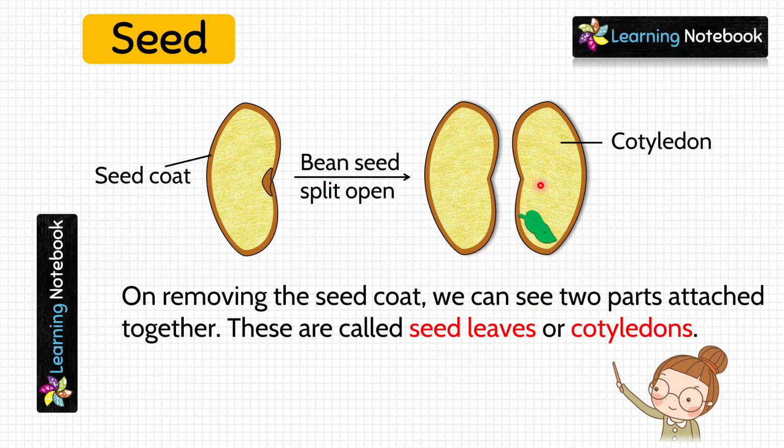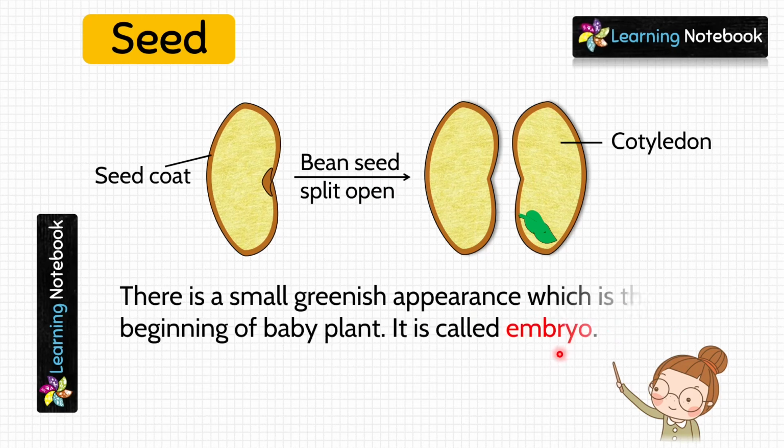These are called cotyledons. Next, there is a small greenish appearance which is the beginning of baby plant. It is called embryo. Look here, in this cotyledon there is a baby plant which is known as embryo.